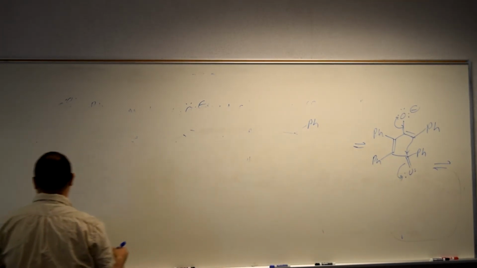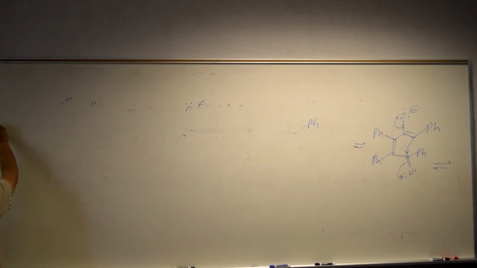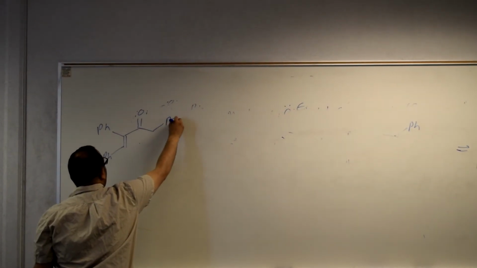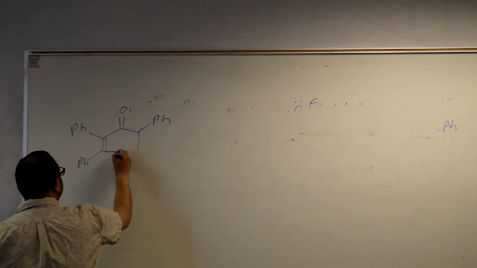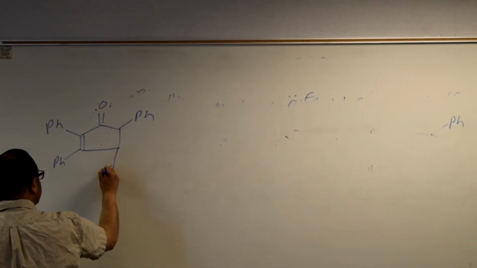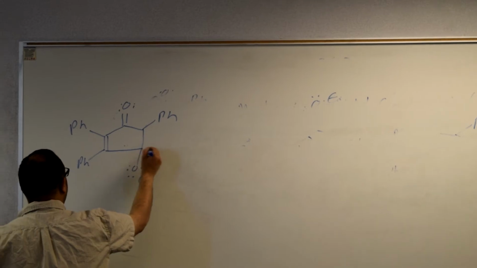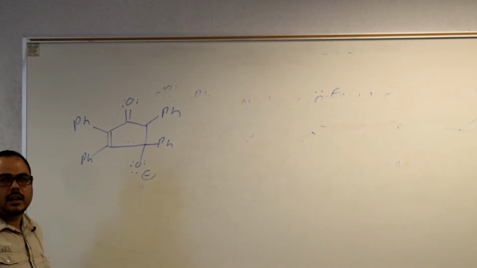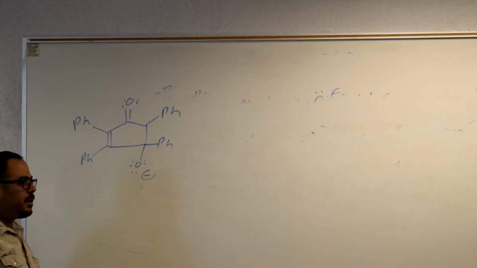So at that point, you're going to get oxygen minus, so something like this. Now you've effectively added another group at the alpha carbon and made this bond. So you're going to get an O minus like this and phenyl. And so you're almost at the beta hydroxy carbonyl compound.